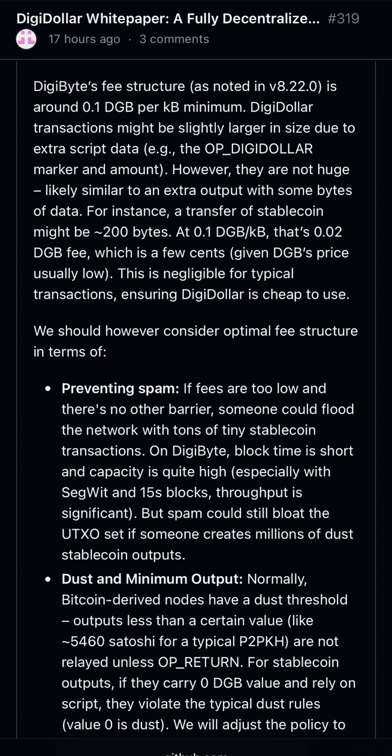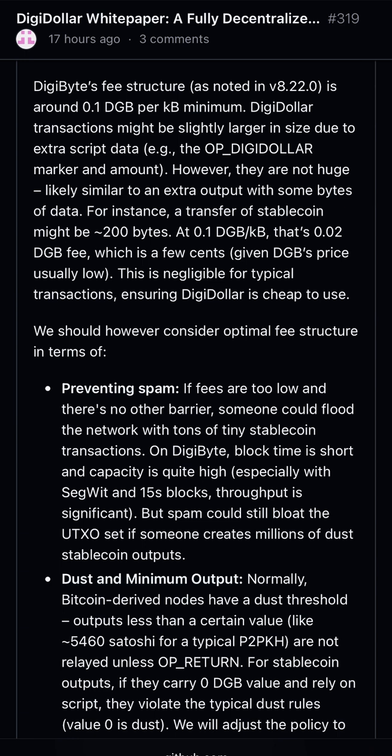For instance, a transfer of stablecoin might be 200 bytes. At 0.1 DGB per KB, that's 0.02 DGB fee, which is a few cents, given DGB's price, usually low. This is negligible for typical transactions, ensuring DigiDollar is cheap to use.